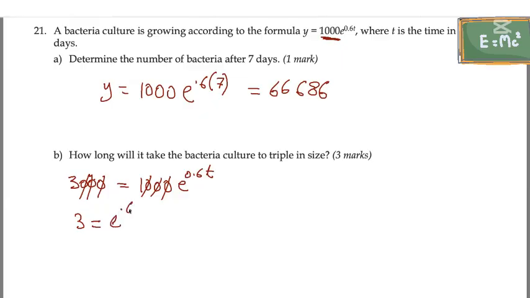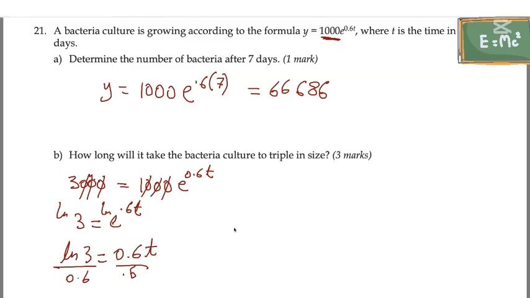So 3 equals e to the 0.6 t. Now I'm going to ln both sides. So ln 3 equals 0.6 t ln e. So even though I'm lning both sides here, ln e is 1, so I'm just not going to write it. Now divide both sides by 0.6. And we have ln 3 divided by 0.6 equals.